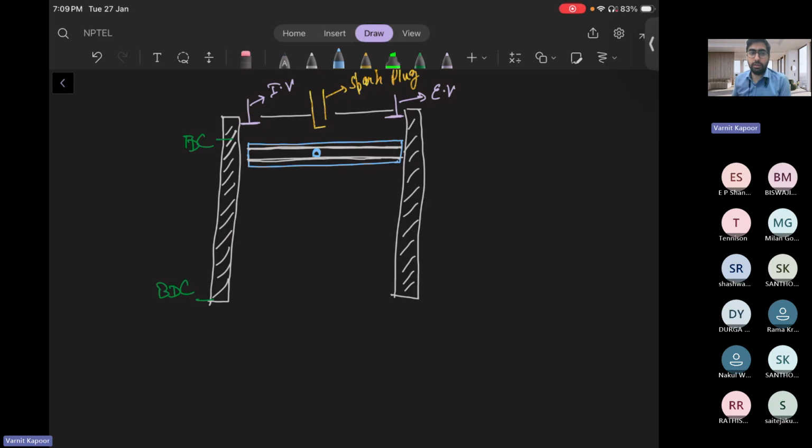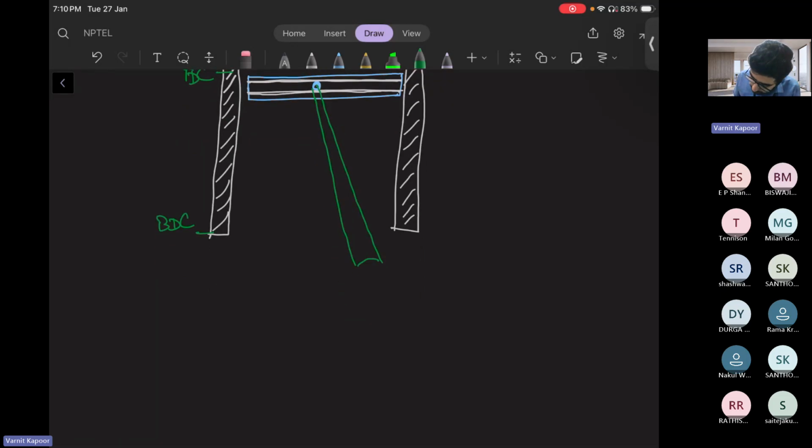It is called the gudgeon pin. This is connected via the connecting rod. Connecting rod.